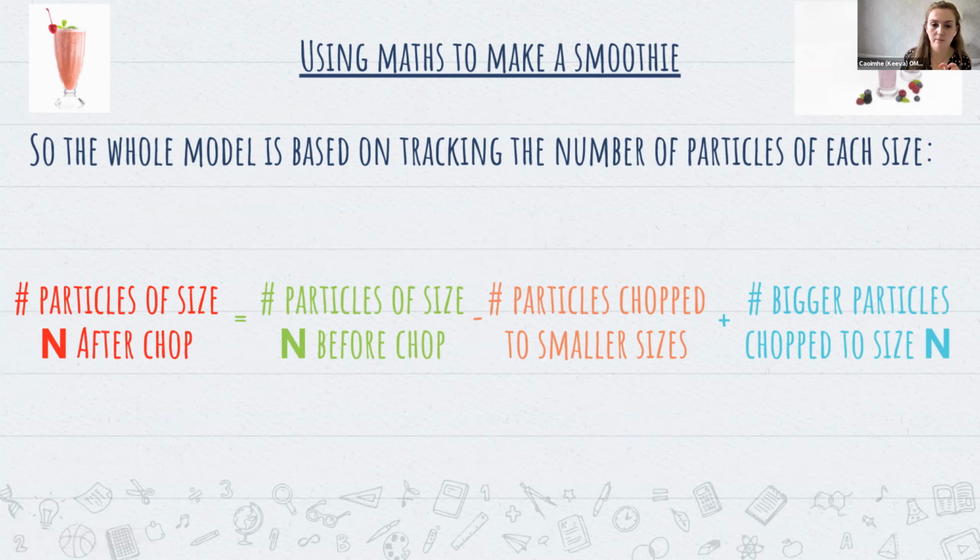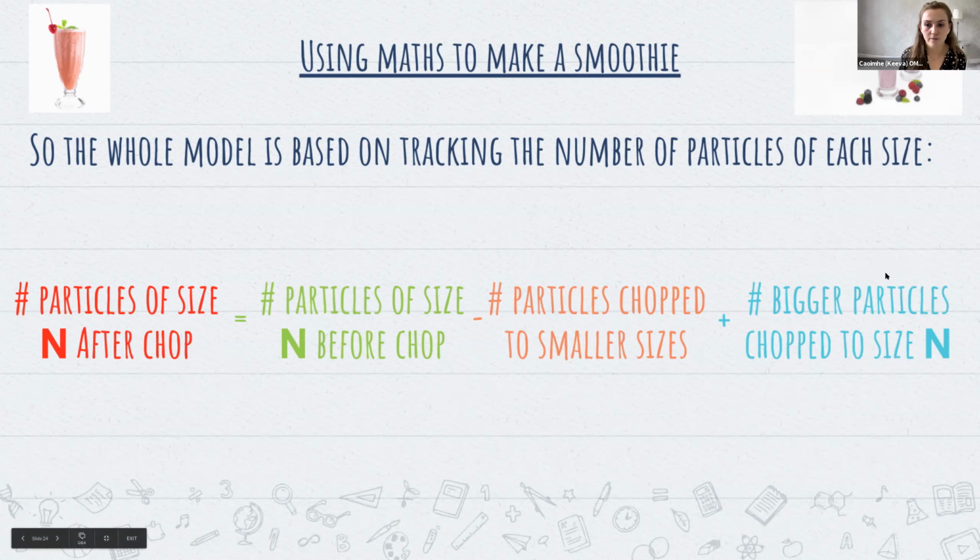So we have that initial number. We subtract off the particles that were chopped to smaller sizes, because some of them will be hit by the blade and will suddenly be smaller, so they're gone. But then we also add on the bigger particles that have been chopped and ended up as size n. You understand? You're losing some particles due to being chopped, but you're gaining particles that have been chopped from bigger sizes. And that was effectively the basis of this model.